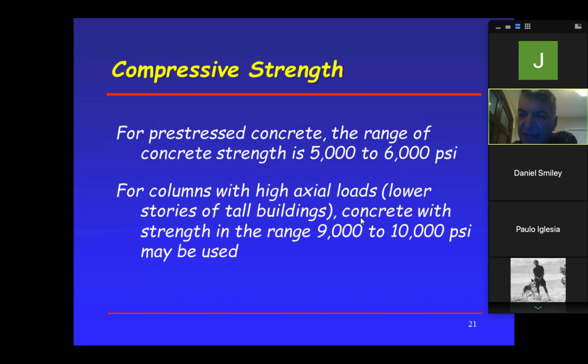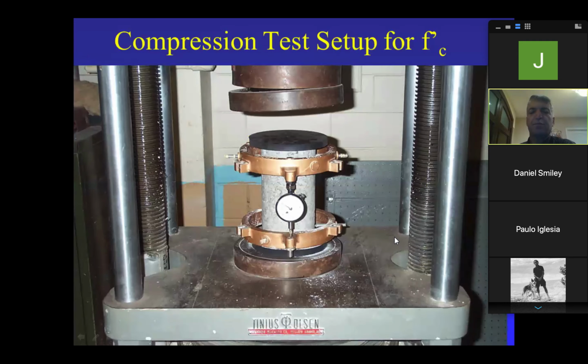They're going to add a lot of chemicals, a lot of admixtures to that to get to this level. Okay, and those are expensive. All right. So we're talking about f'c. How do we determine that? We said we do a cylinder, and then we compress it. You've seen that.